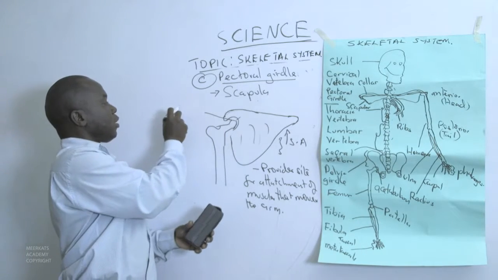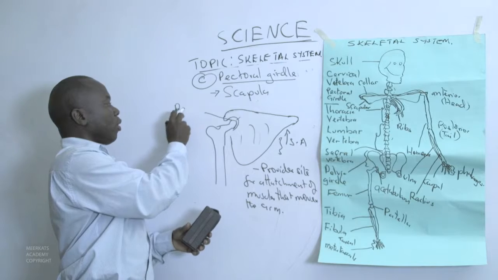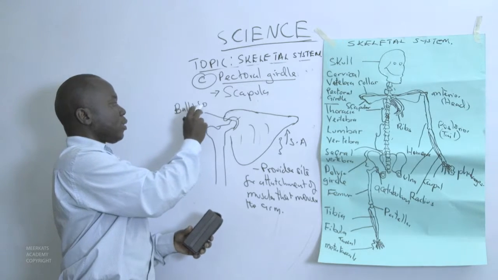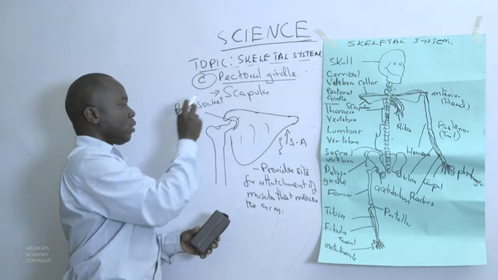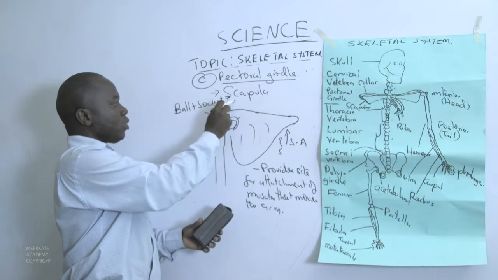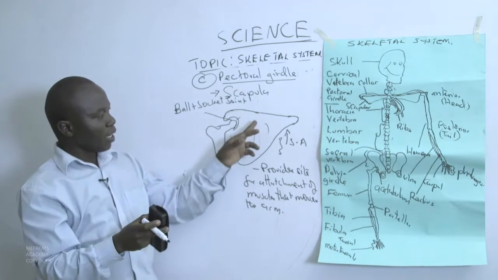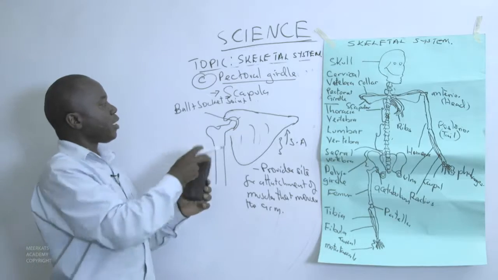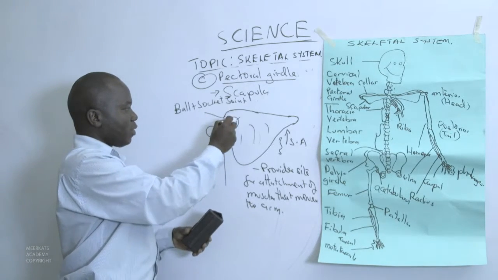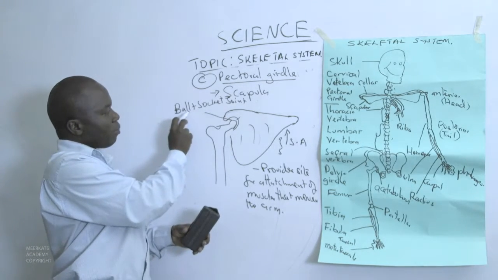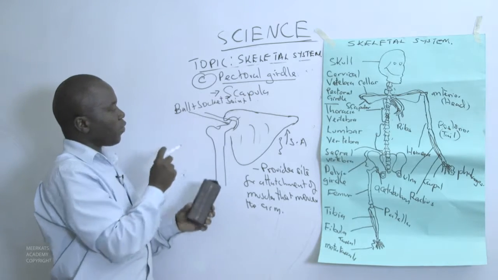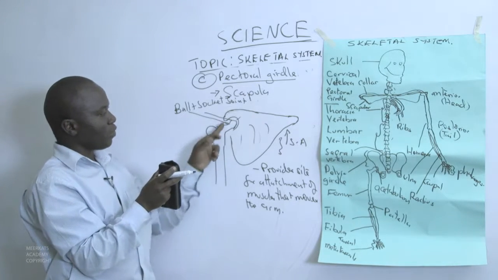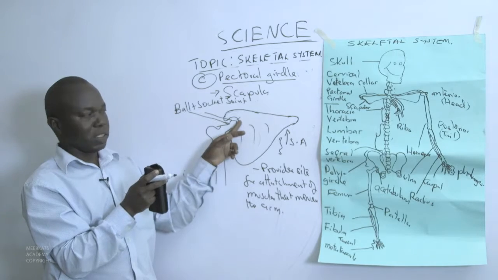That joint is called ball and socket. Why is it called ball and socket joint? Because we have a cavity from the scapula, forming the socket, and then we have the ball of the head of humerus fitting into that cavity.